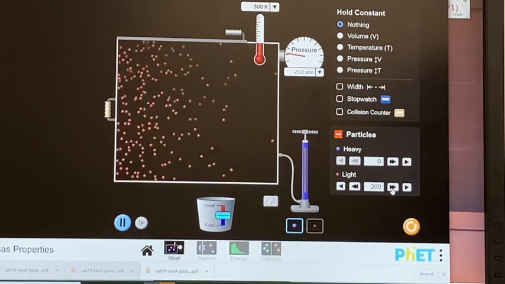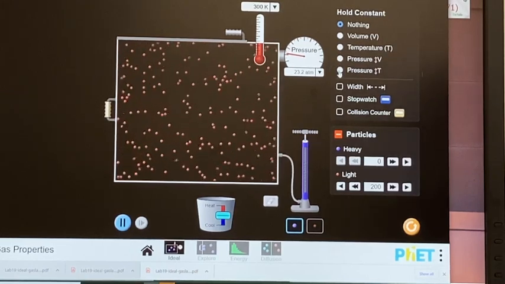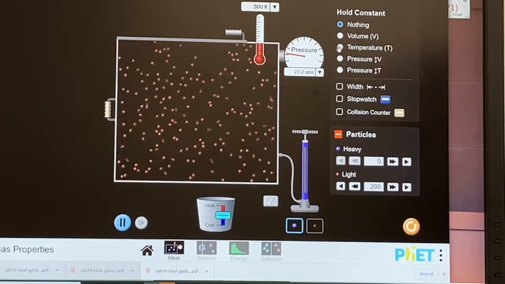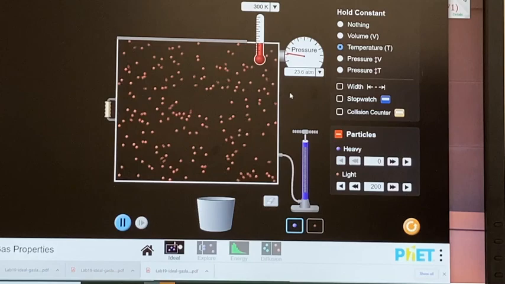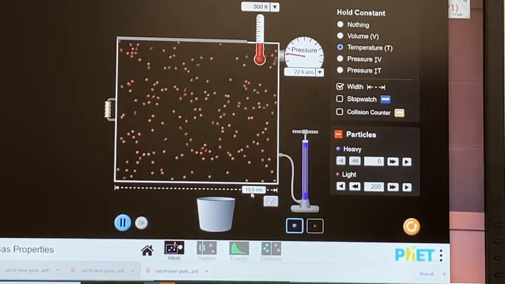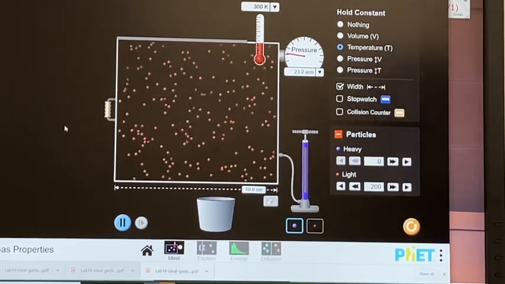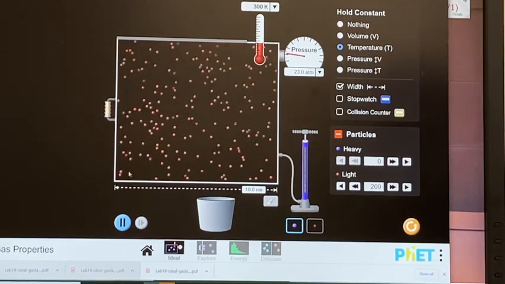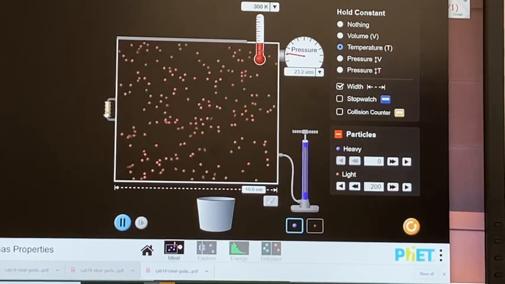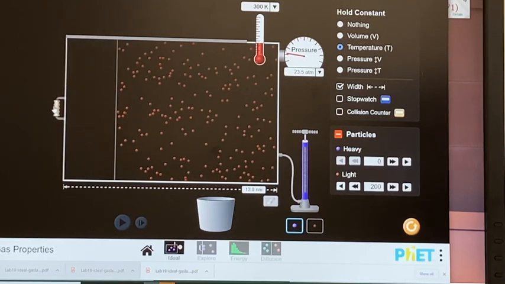Yeah, light molecules. And then you're going to keep the temperature constant. Then we're going to measure the width, and the width is here. As I say in the lab, the volume, this is the width, but we're not changing the height. So the volume is proportional to the width.